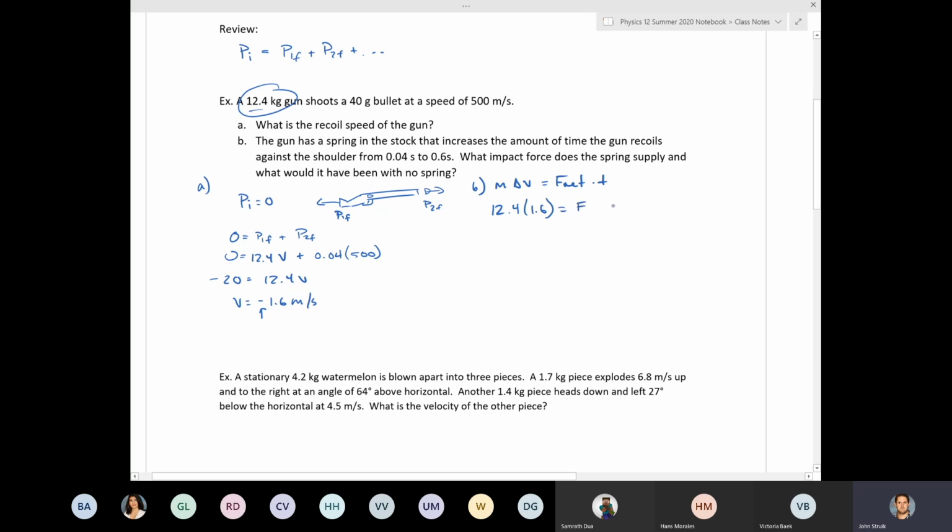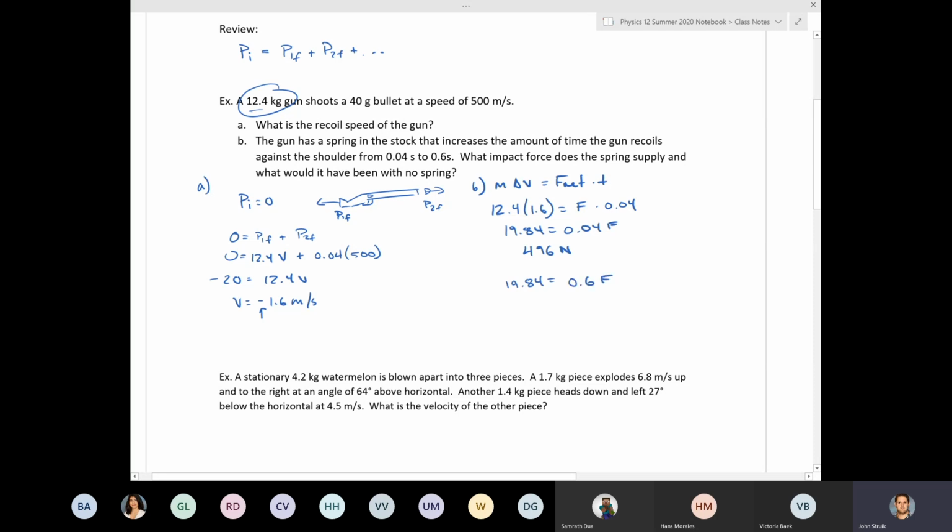That equals F times the time, and we'll go without the spring first, 0.04, and then with the spring. 12.4 times 1.6 is 19.84, which equals 0.04 times F, so F is 19.84 divided by 0.04, that's 496 newtons.